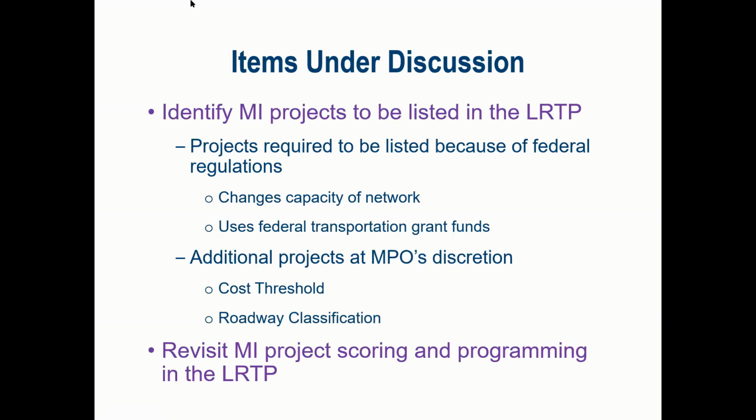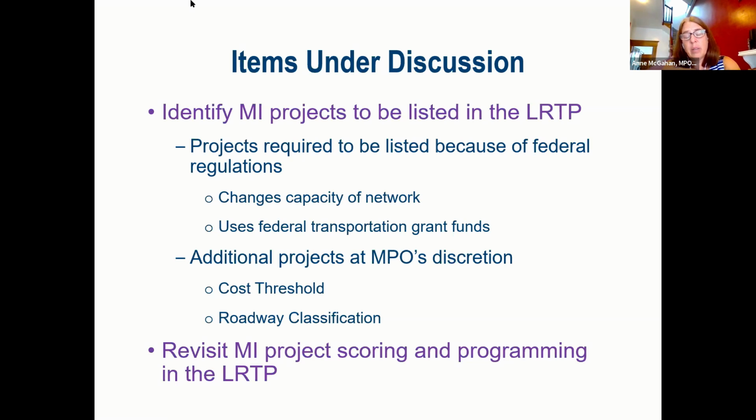And so, is there a threshold for a score that gets a project into the LRTP, or does it just need to be scored? I think basically it's whatever projects that we decide that we're going to list in the plan. So once they decide which projects are going to get listed, then we would apply the scoring, and we would score all of those projects.